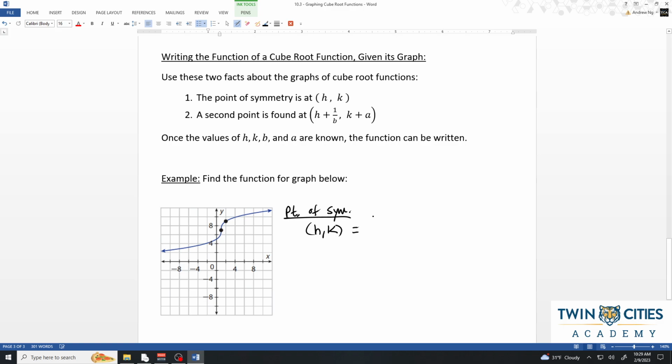Okay, so what is my actual point here? My point of symmetry is this. So this looks like it's going by 2. So this is going to be 1 and then 7. So (1, 7). So this means that h equals 1, and then k equals 7.